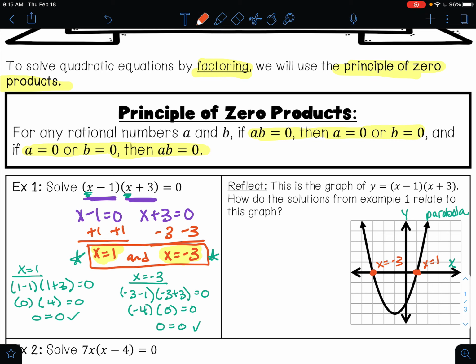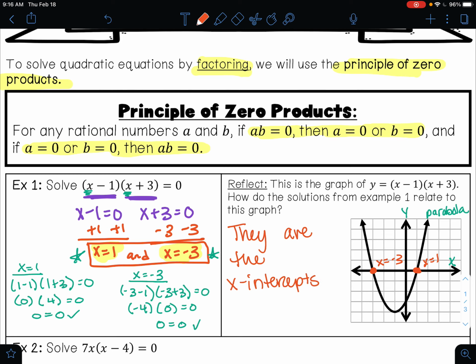So when we think about how this graph relates to the problem, the solutions are the x-intercepts. So every time you're solving a quadratic equation, you're finding the x-intercepts.